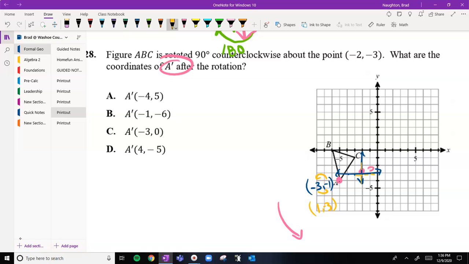So I'm going to make that 1, -3. So over 1, down 1, 2, 3. So this is going to be our actual A prime. And what is that according to the true origin here? That's down 1, over 1, 2, 3, 4, 5, 6. So that's why it's -1, -6.